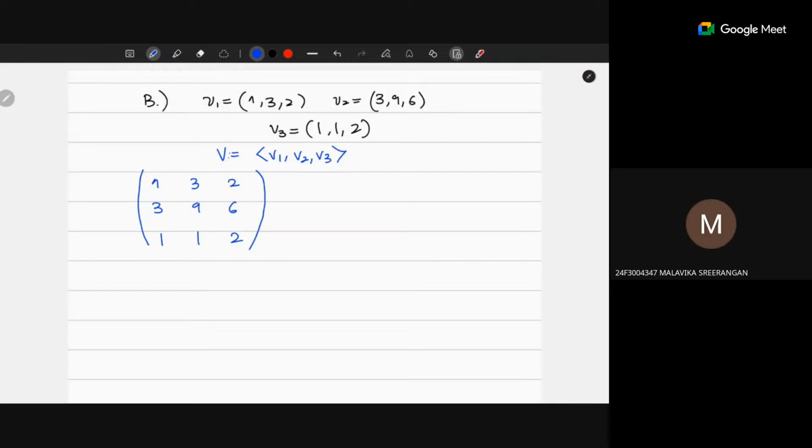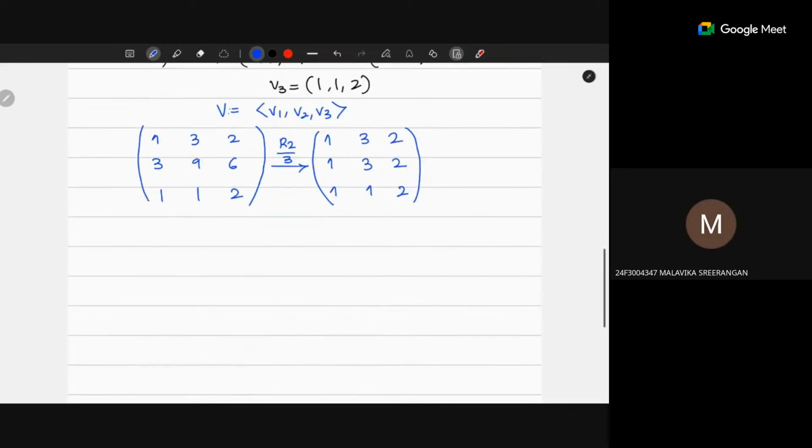I'm writing each of the vectors as a row of this matrix. Now, how do I apply? I just need to again apply Gaussian elimination. So what is the first operation that we want to do? We can divide R2 by 3. We get 1, 3, 2, 1, 3, 2, 1, 1, 2, right?